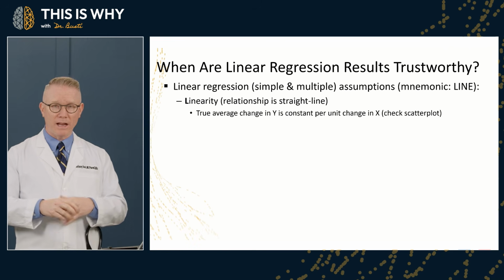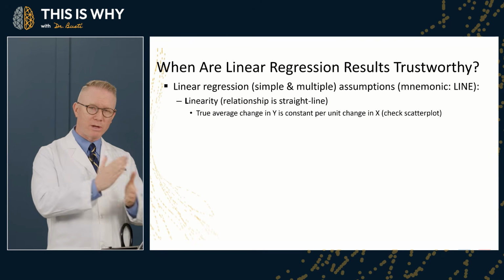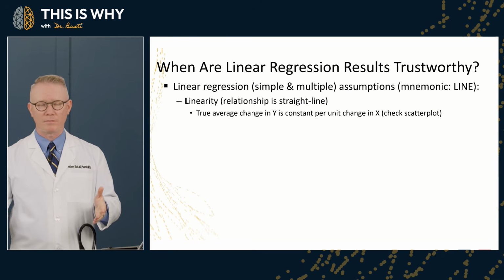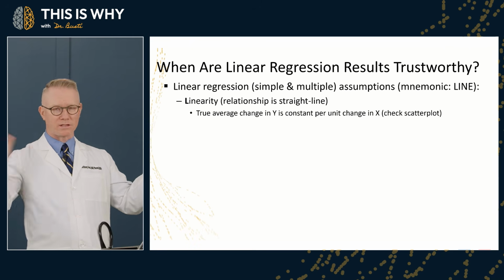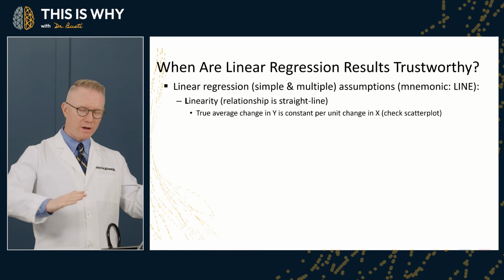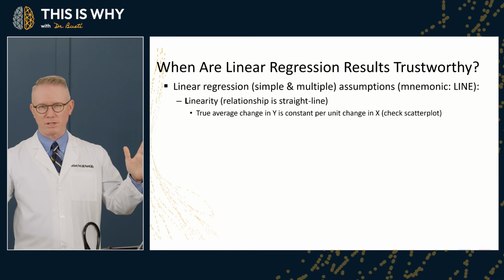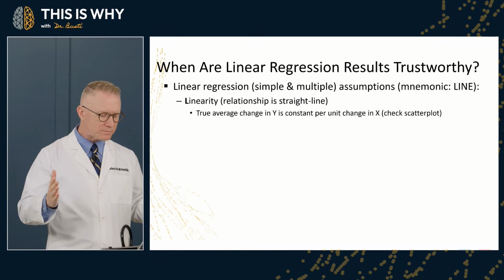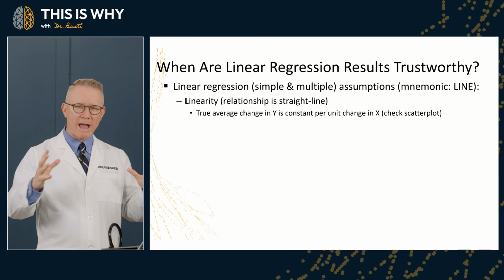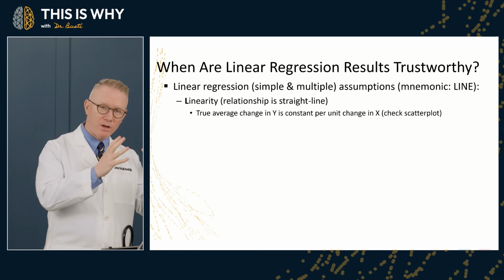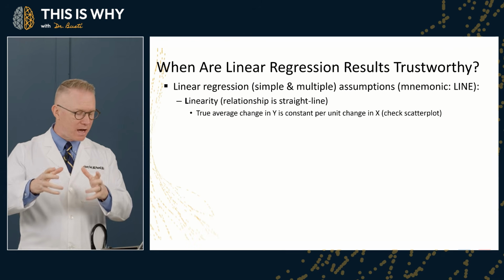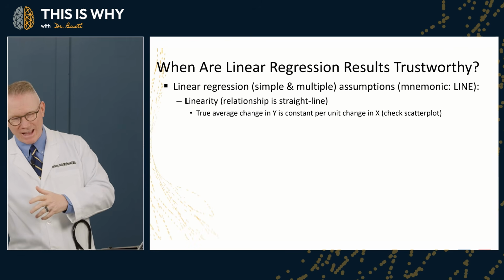But linearity, right? That's the relationship in a straight line. So remember earlier you saw the X and the Y and the variables, independent variable and a continuous dependent variable. We talked about that. And that's the true average of change in Y being constant per unit change in X.